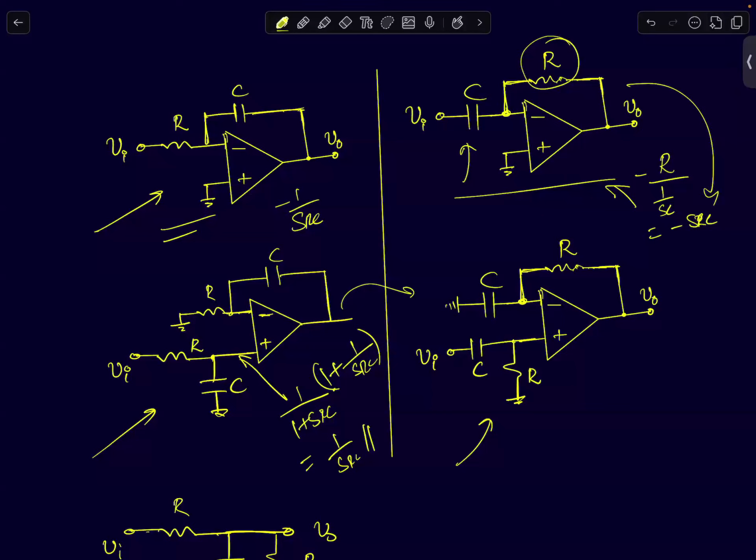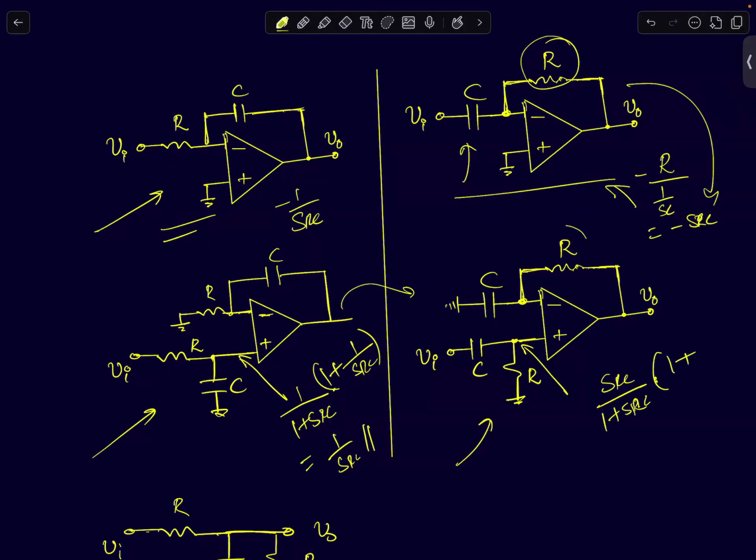If you see the transfer function to this point, if you take a high pass filter R, C and R, the transfer function to this point will be SRC by 1 plus SRC, multiplied by the non-inverting amplifier, whose gain is 1 plus Z2 by Z1.